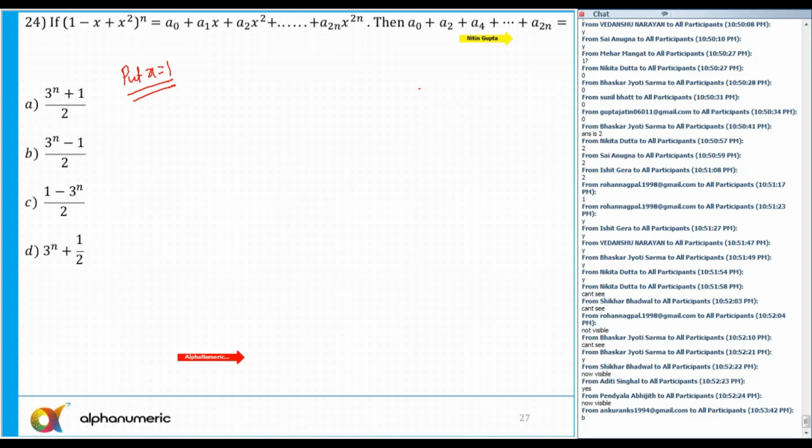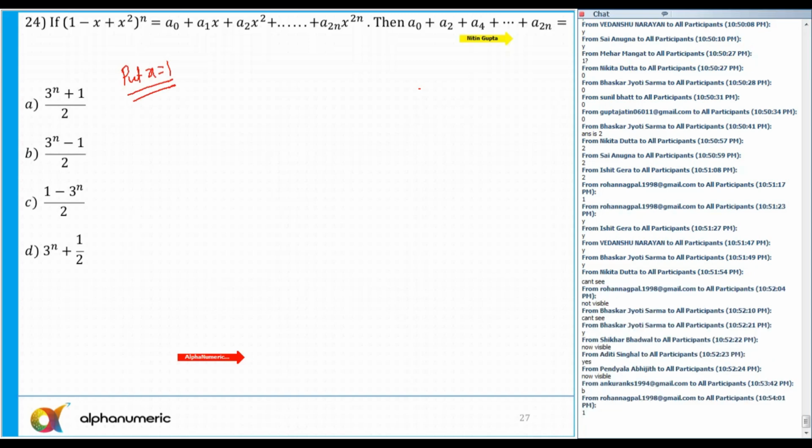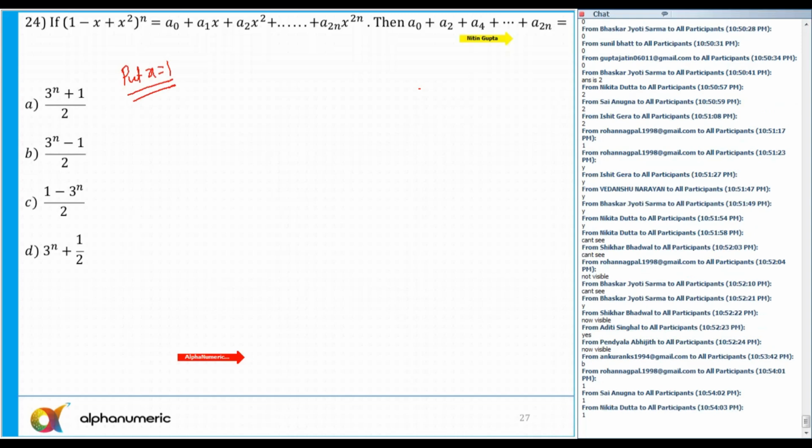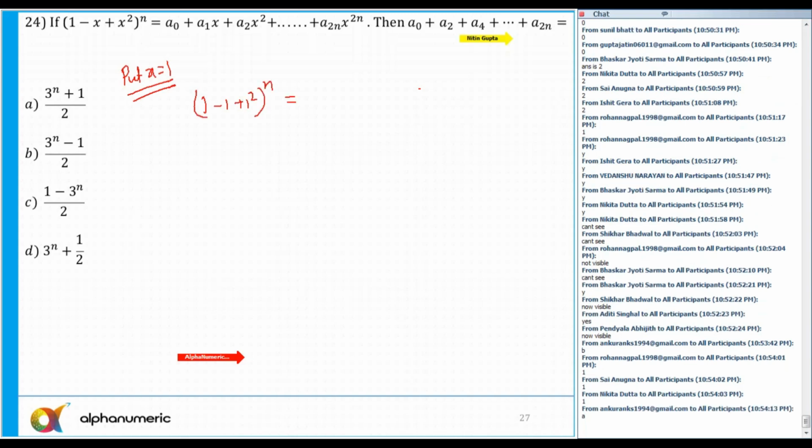Left hand side, 1 minus 1 is 0, and I'll get 1. So I can write 1 minus 1 plus 1 squared raised to power n, which will be equal to a0 plus a1 plus a2 plus a3 and so on till a2n.